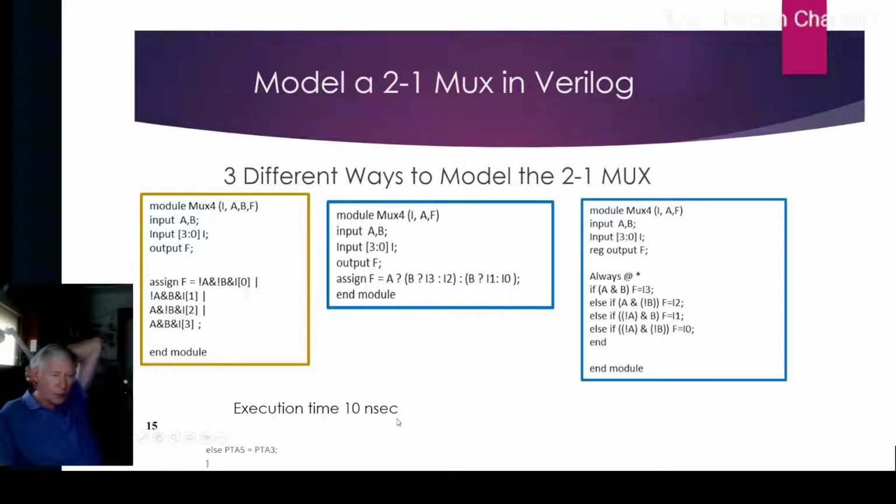It may not change, but if it does, it'll change in 10 nanoseconds. But anytime A, B, or any of the I's change, it will be recalculated. This is because these English language statements here result in actual hardware.